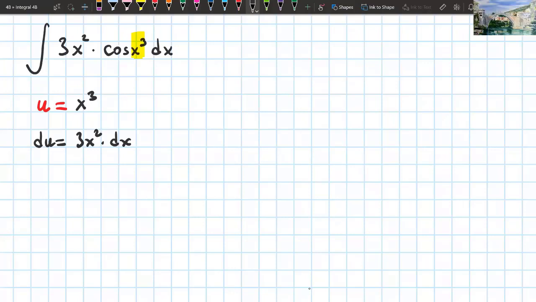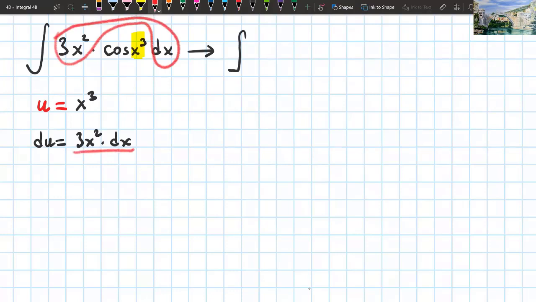So now we will transform this integral into this form. 3x squared times dx together is du. Look at this, it's given here. So it becomes cosine u du.